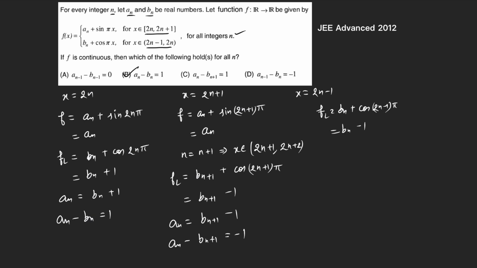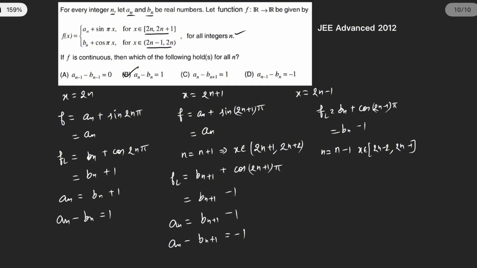And we can find the exact value at 2n minus 1 by using n equals n minus 1 in the first equation, because in that case, x will be 2n minus 2 to 2n minus 1.